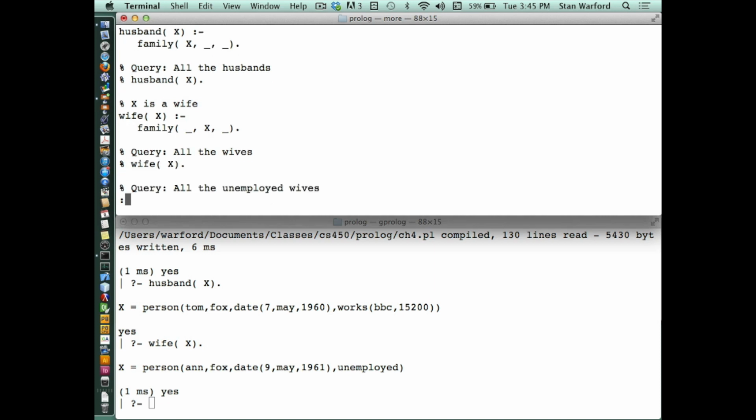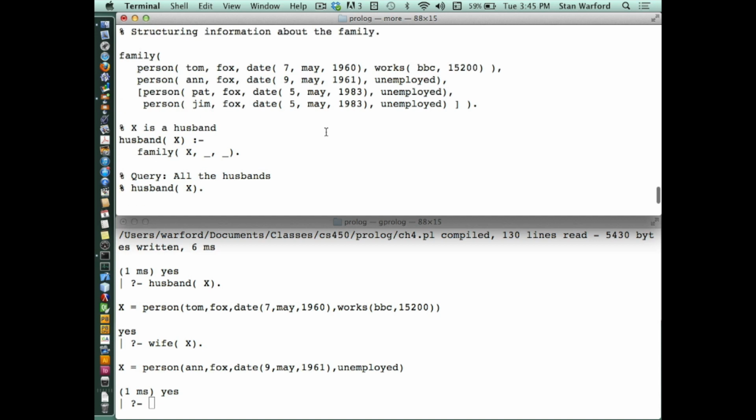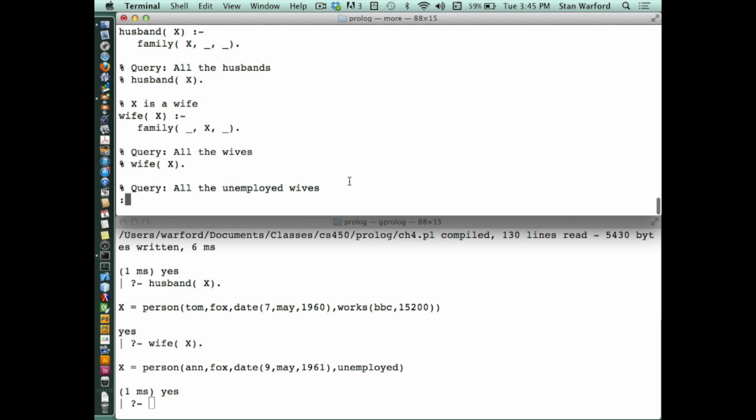And how about all the unemployed wives? Now, do you remember how that worked? What has to match? Which one of the person? 1, 2, 3. The fourth one of the person has to be unemployed. So how do we query all the unemployed wives?